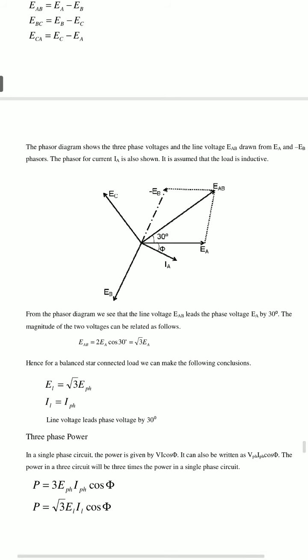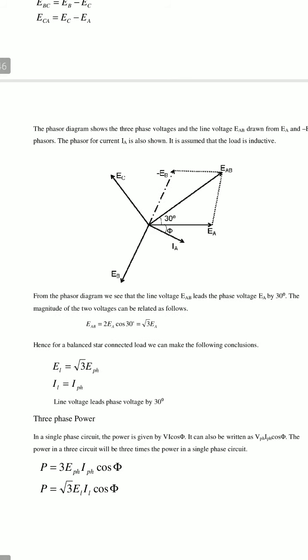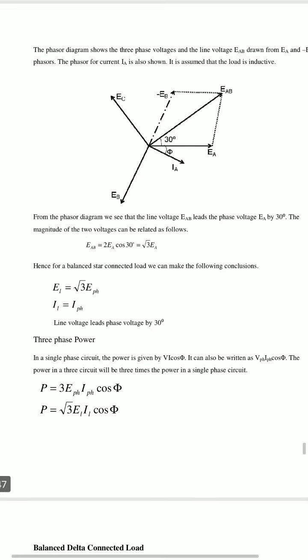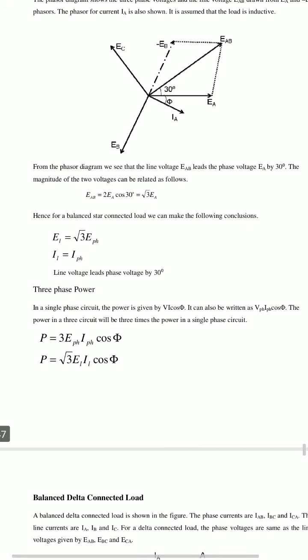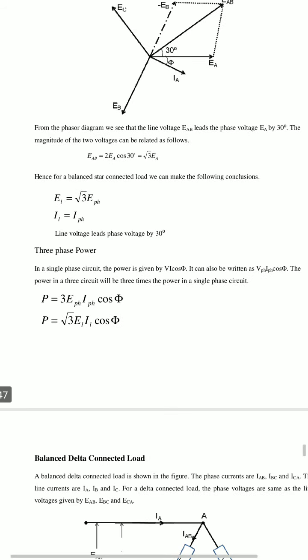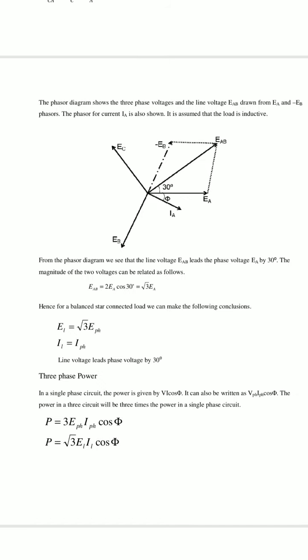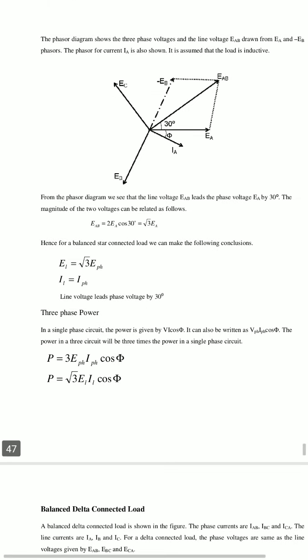From the phasor diagram we can calculate the line voltage, that is EAB is equal to root 3 EA. EL is equal to root 3 E phase, that means line voltage is equal to root 3 times phase voltage. Here in the star connection, the line current and phase current are the same.